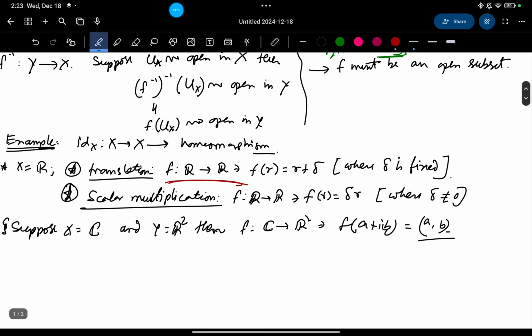So these are basic checks. These two are very easy, nothing to prove at all, but there you may have to do some more calculations, but it is also very easy. If you just consider what the basic open sets in R2 are, then you can easily cook up that in C as well.